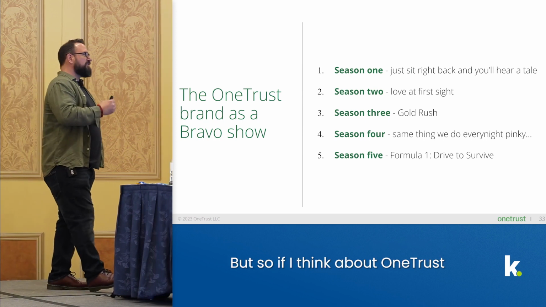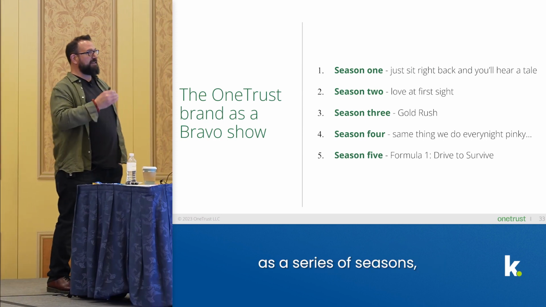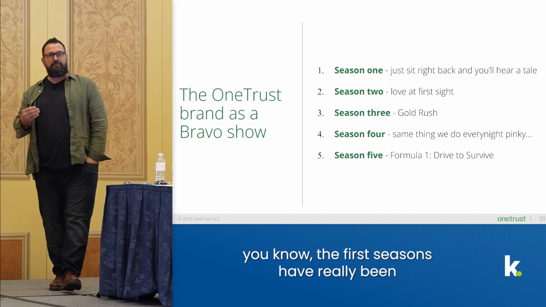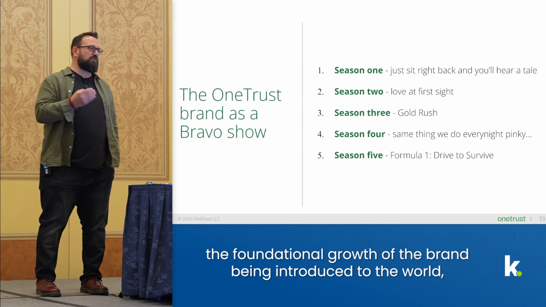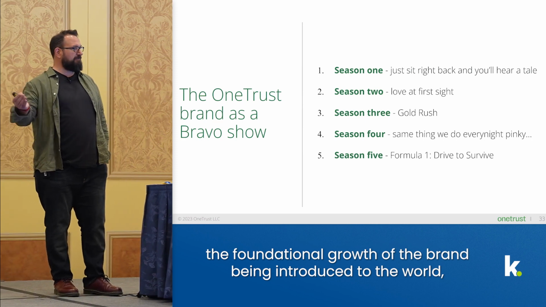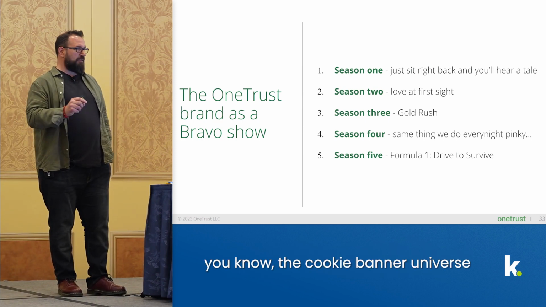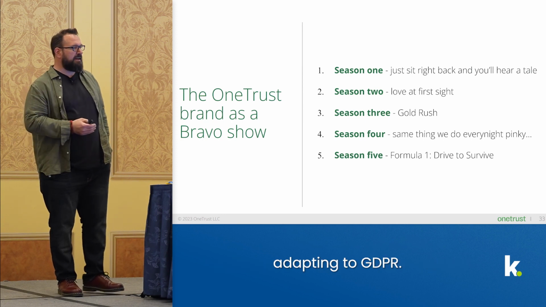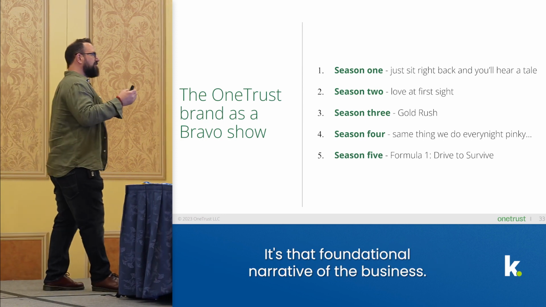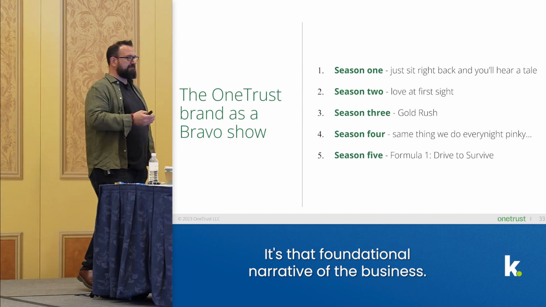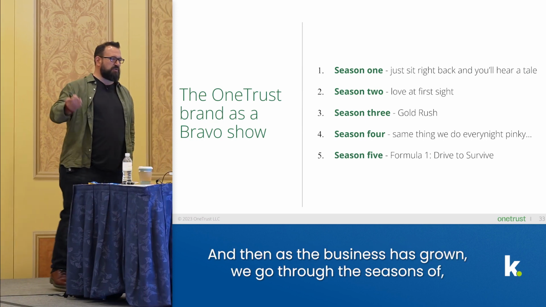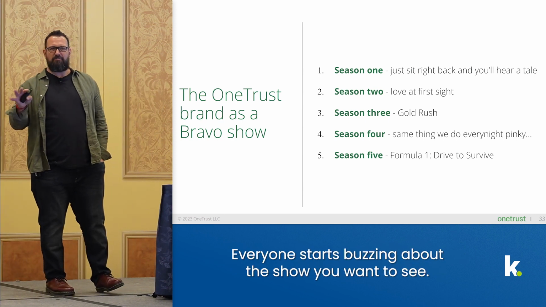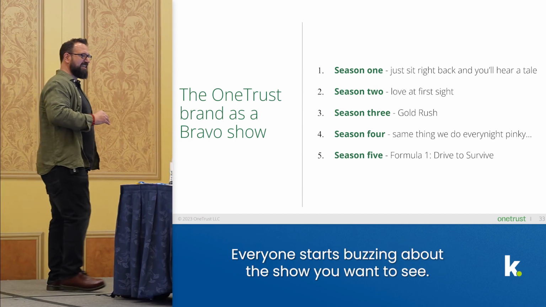So if I think about OneTrust as a series of seasons, the first seasons have really been the foundational growth of the brand being introduced to the world. The cookie banner universe, adapting to GDPR, it's that foundational narrative of the business. And then as the business has grown, we go through the seasons of love at first sight. Everyone starts buzzing about the show you want to see.